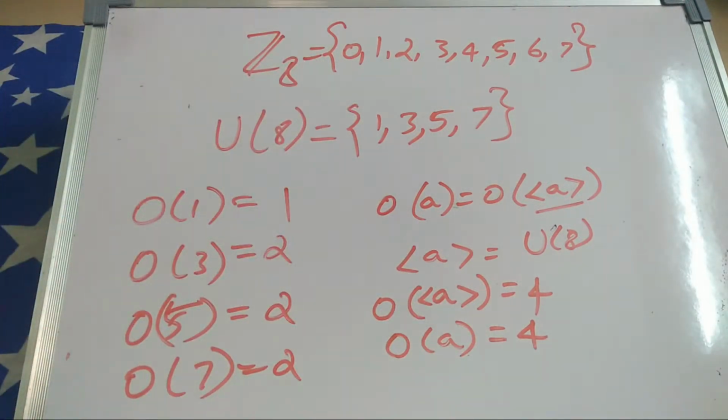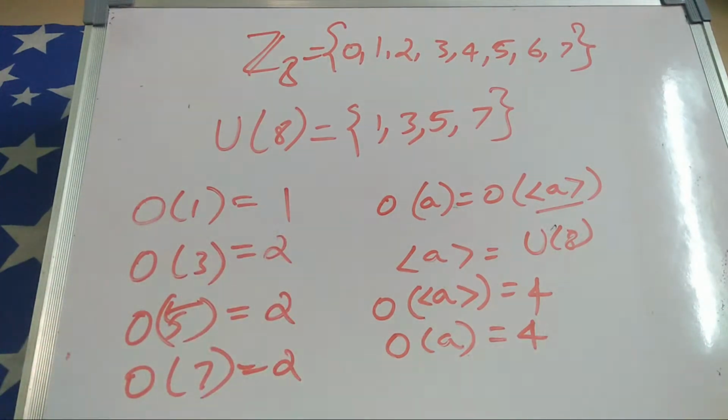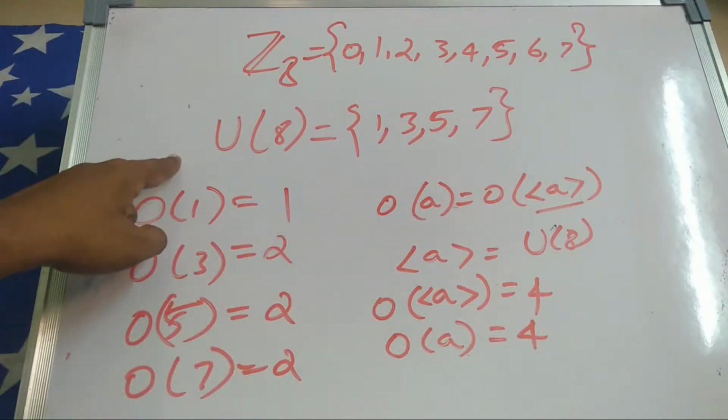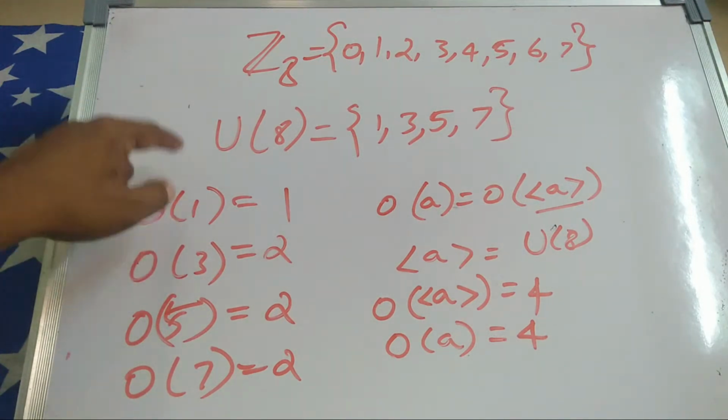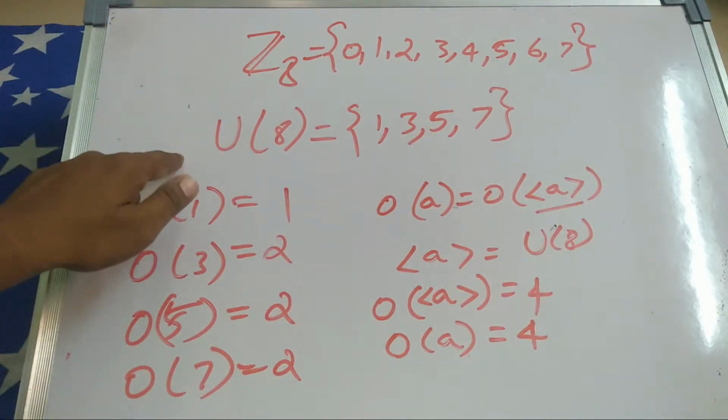But here all the non-identity elements have order 2. So there does not exist an element whose order is 4, and hence this U of 8 is not cyclic. It is abelian but not cyclic. We can give this as an example for a non-cyclic abelian group.